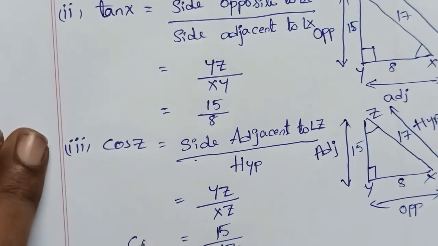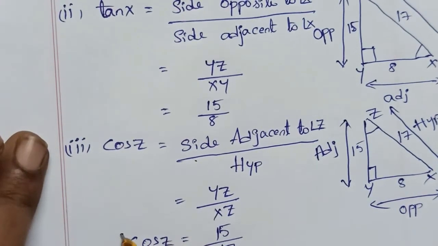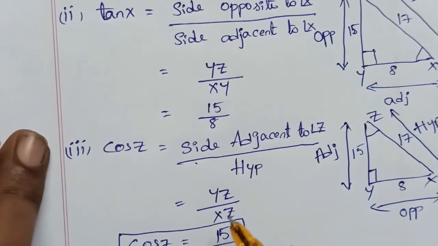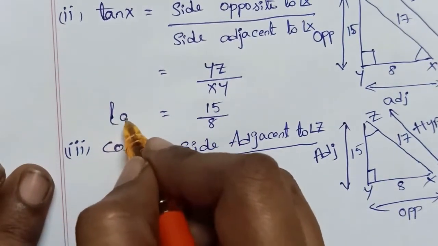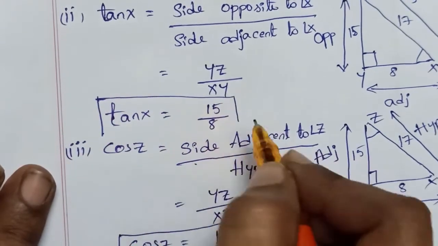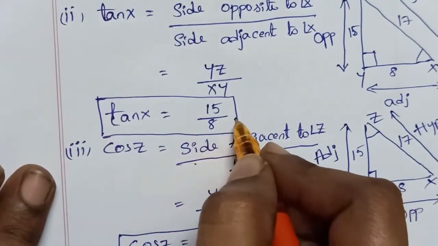Therefore the value of cos Z is equal to 15 by 17. The value of tan x is equal to 15 by 8.